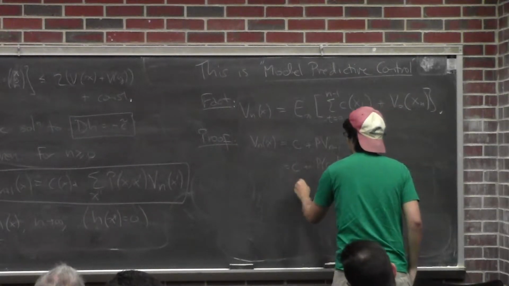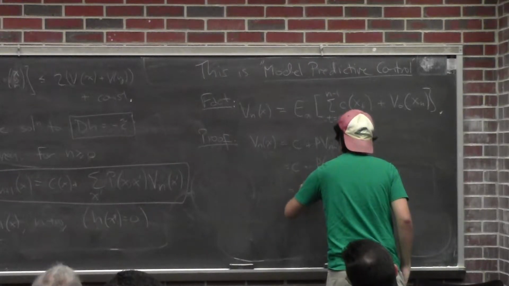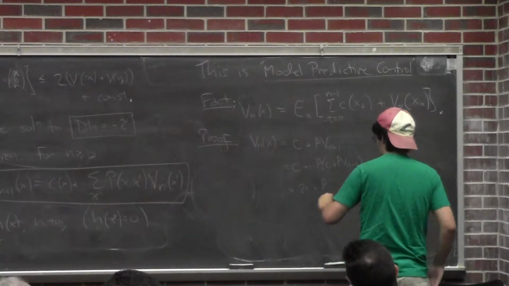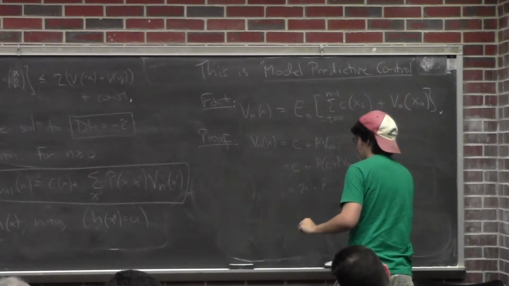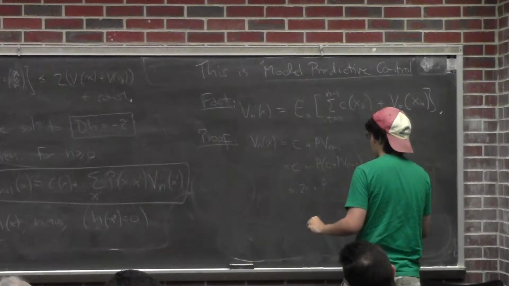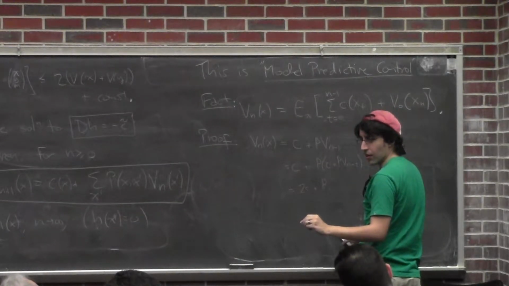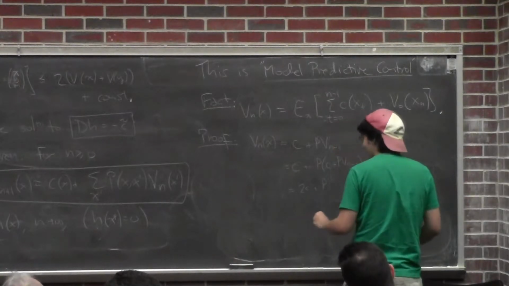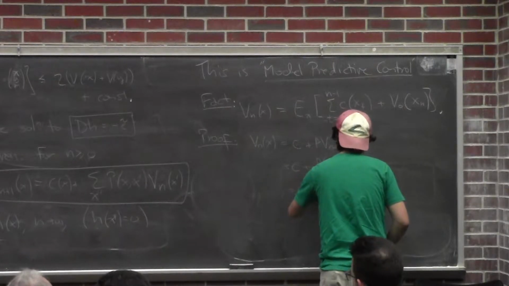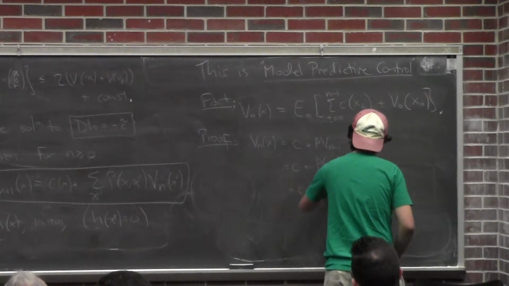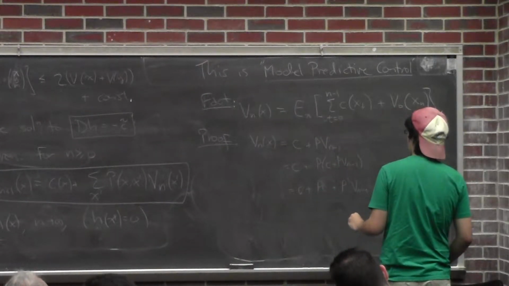And then so on, and so this is 2C plus PC plus P squared V n minus 2.